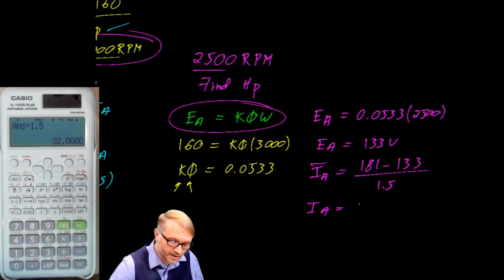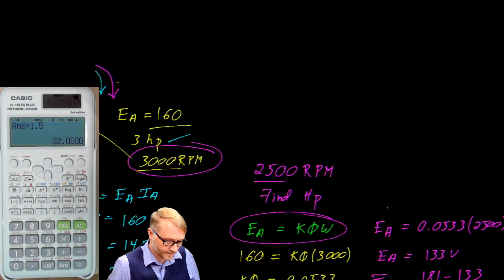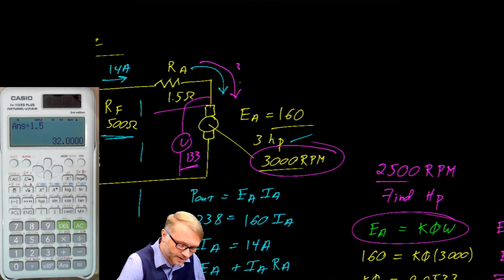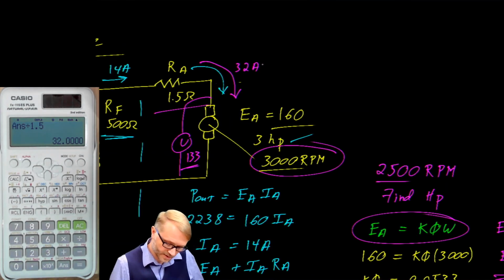So that's now 32 amps. So when we added our load, our current went from 14 amps to now 32 amps.